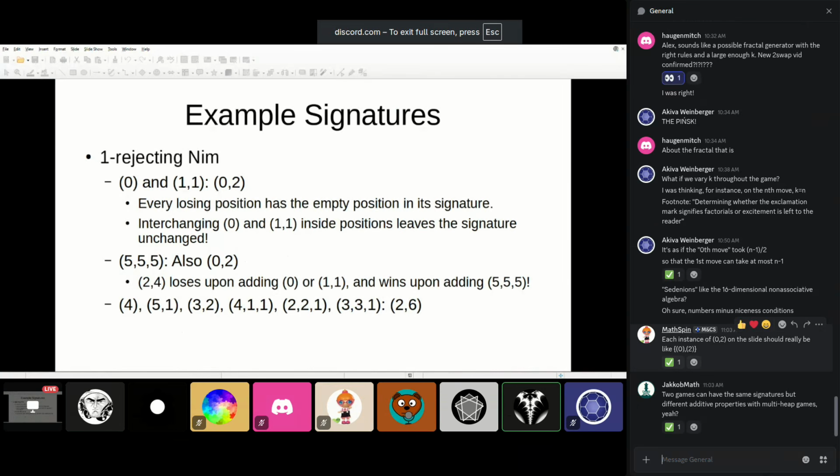But on the left side of the colon, for example 1, 1 and 5, 5, 5, they're being used for Nim heap notation. Correct. Yes, that is what was meant. A poor choice on my part. I apologize for the confusion that has caused. But yes, that is how you are supposed to read this.